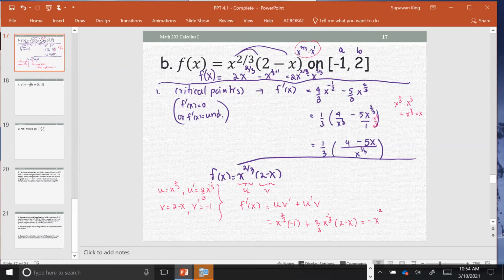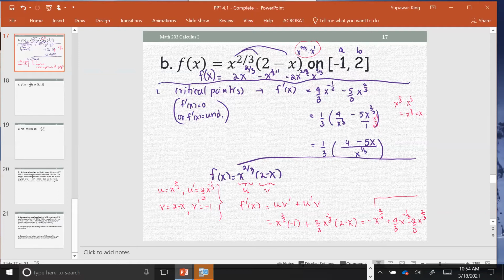We have negative 2 over 3 plus 4 over 3 x to the negative 1 over 3, and minus x times the 2/3 x to the negative 1/3 to become negative 2 over 3 x to the 2/3.